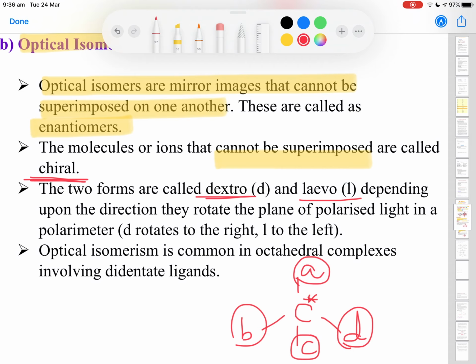In detail, all this will be talked about again in chapter 10, that's organic chemistry. So right now you just keep in mind that there are two forms, dextro and levo. Dextro means when the plane polarized light gets deviated or rotated towards right, and L stands for left.